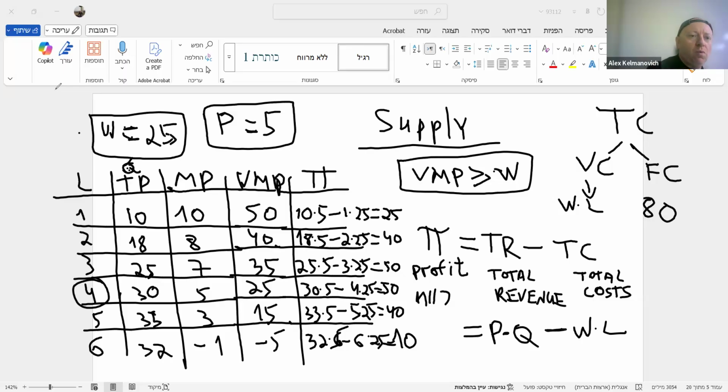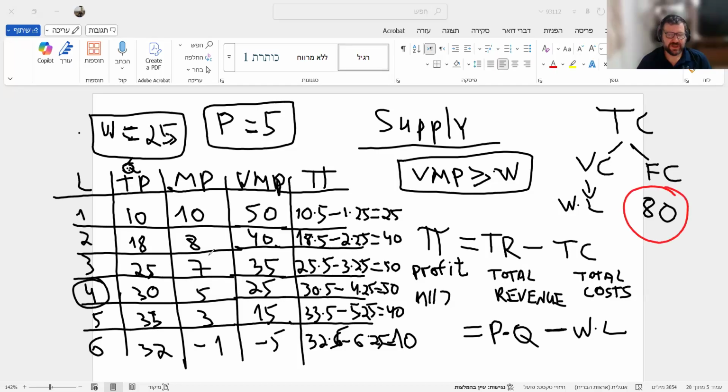So, what do you think? What calculation will change now if I have an additional fixed cost of 80 shekels? If it is 80 shekels, the whole business is not profitable.